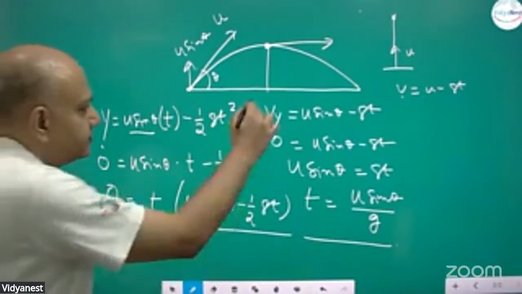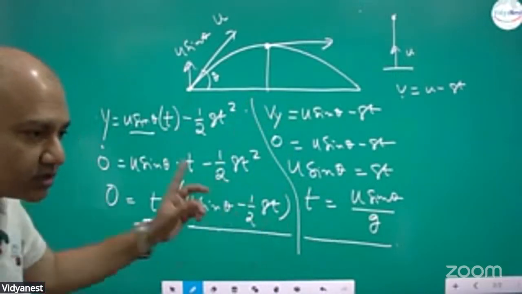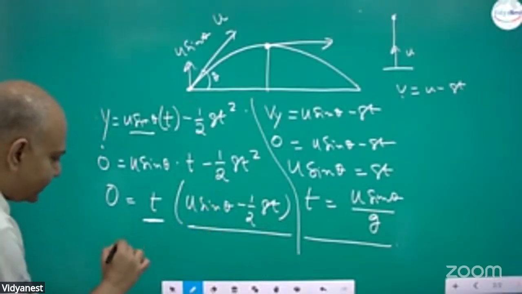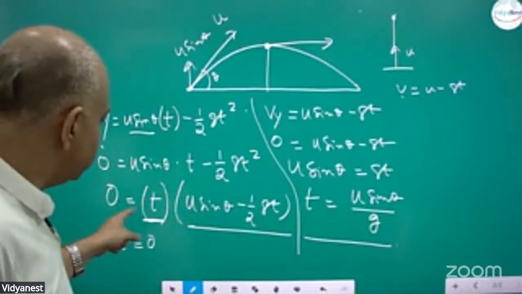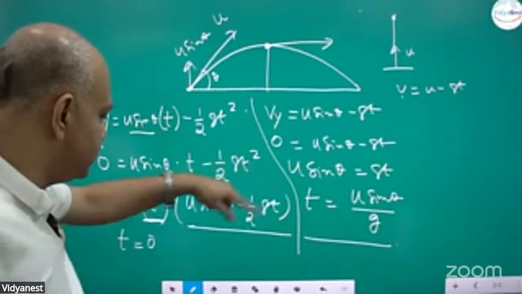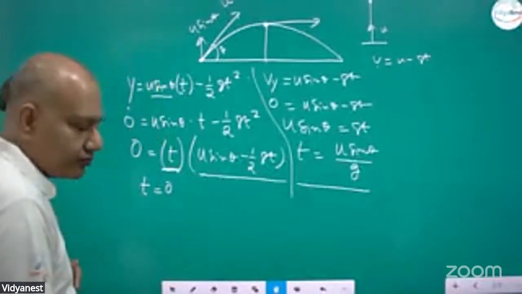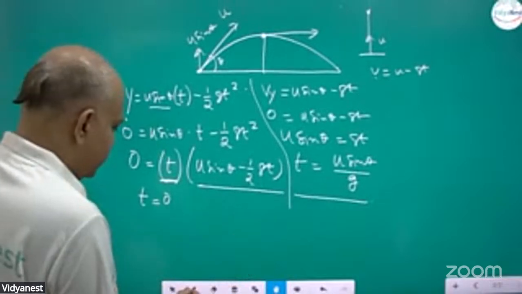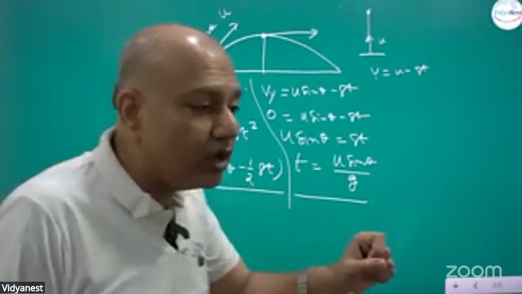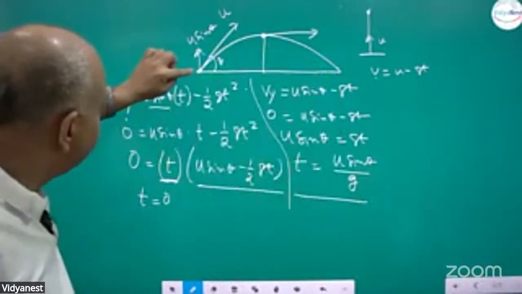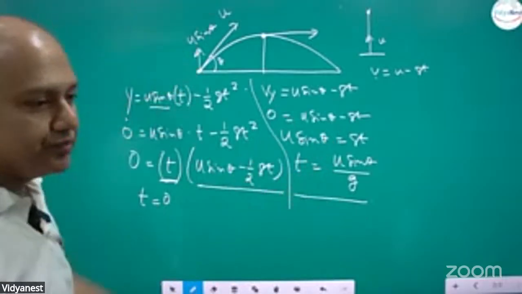The product of these two is equal to 0, so either this is 0 or that part is 0. So we can write t is equal to 0, or t equal to 0 means what, Saurabh? It's the start of the motion. When it is starting the motion, at time 0, the height is also 0.